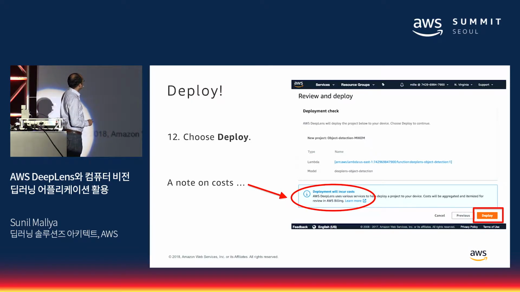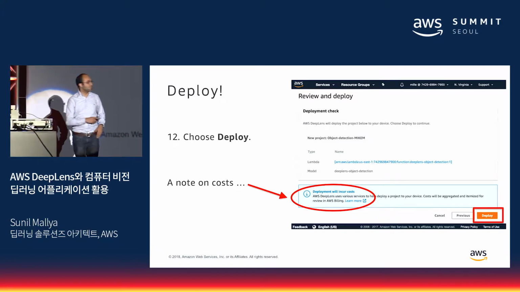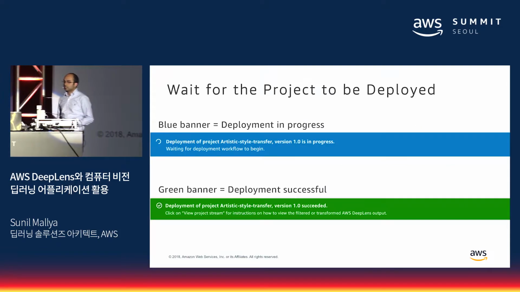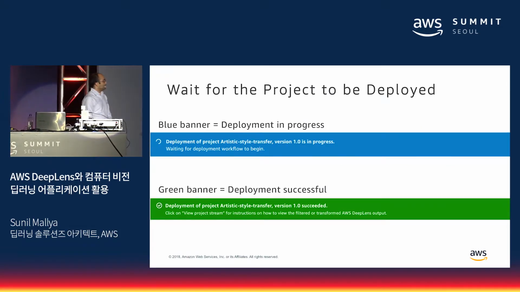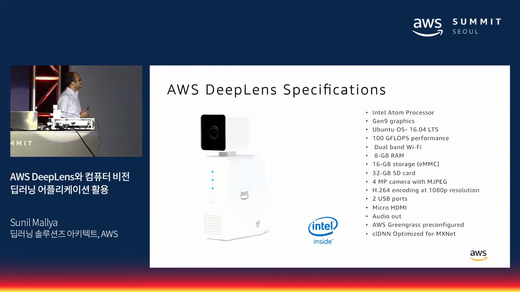And once you've done that, you're able to deploy. So you can integrate with other AWS services. Here it just tells you that if you're sending images to S3, you might incur S3 costs and so on. Once you've done that, you'll see a blue progress bar, and once you have green, you know that it's deployed.